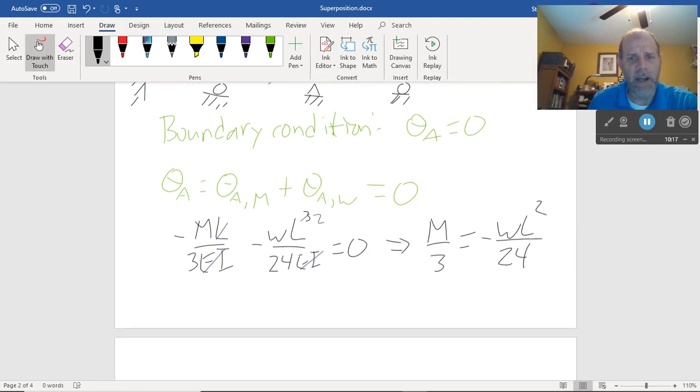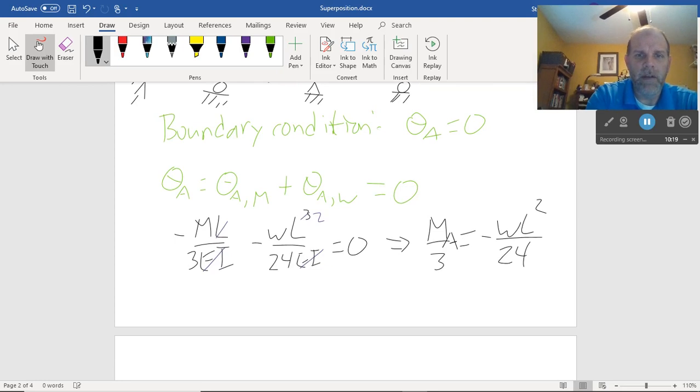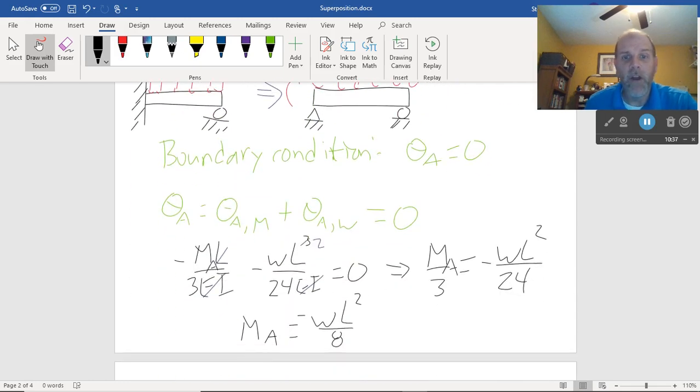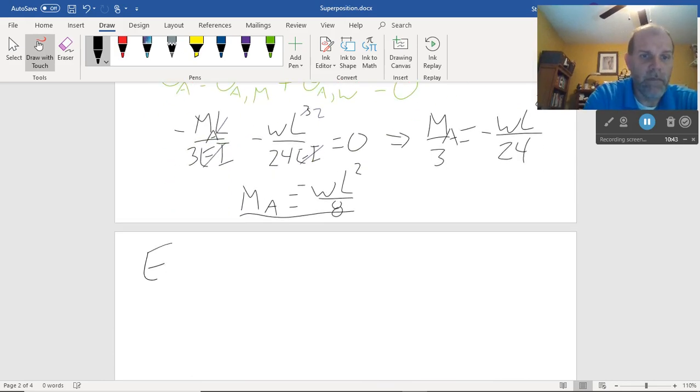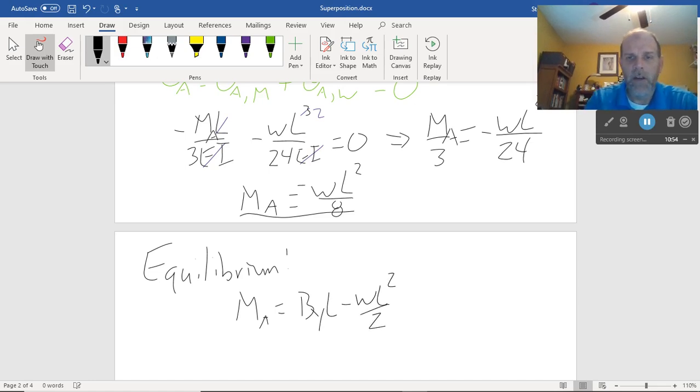And I think you might be seeing it by now. That's M sub A, not M. Let me make those both MA, right? MA is equal to minus WL squared over 8. And here we are again. Would you look at that? It's the same thing we had up above, which means hopefully, if I go back into equilibrium, I had that MA was equal to BY L minus WL squared over 2, which then has to be equal to minus WL squared over 8.